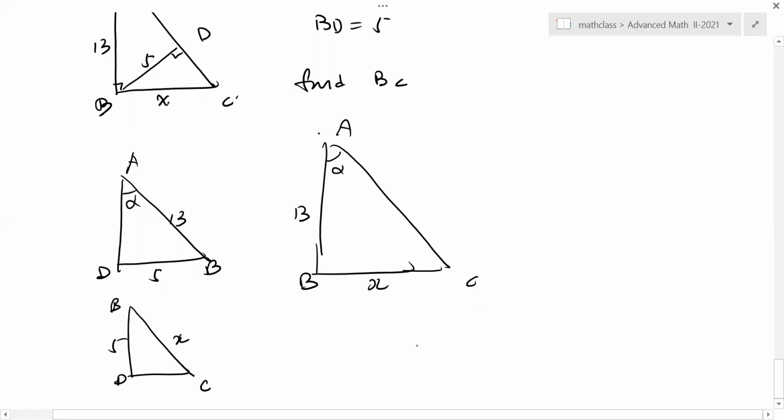All those triangles are similar. So ADB and the large triangle ABC are similar. BC is X, so X over 5.